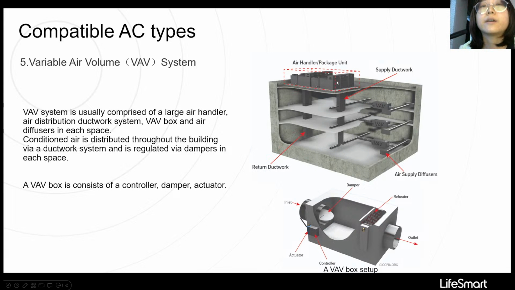The conditioned air is distributed throughout the building via the ductwork system, and is regulated via dampers in each space. A VAV box consists of a controller, actuator, and a damper.